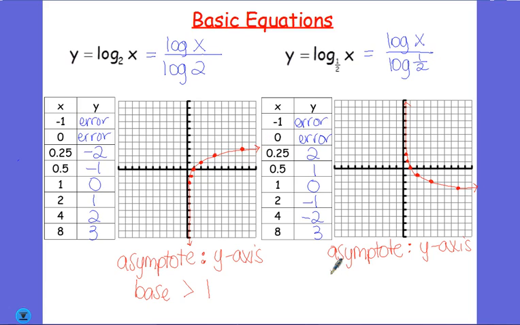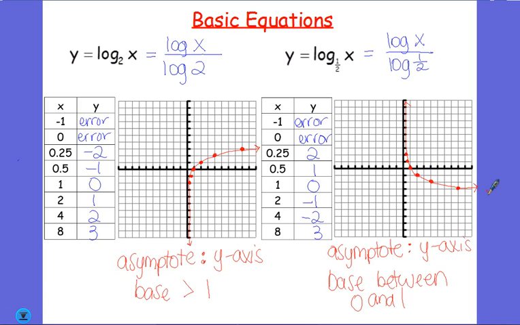When your base is between 0 and 1, which is what we have here, we have a fraction, you're going to go down, down, down, and then curve to the right. Both of them are curved to the right. It's just, are you going up, up, up, and then curving, or down, down, down, and curving?